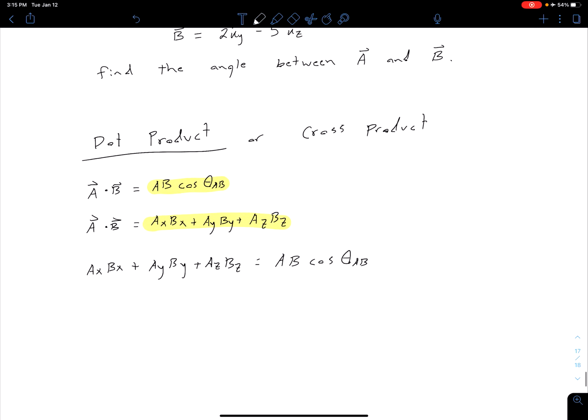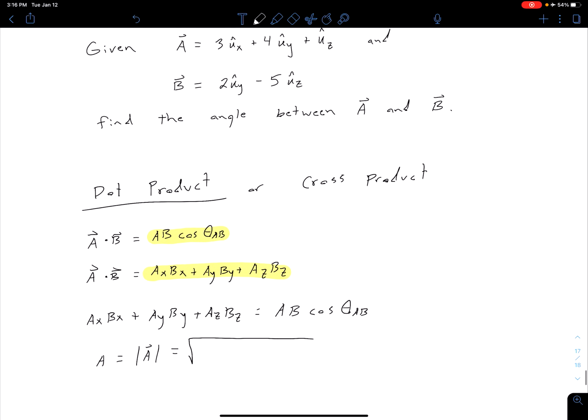So we can say A is equal to the magnitude of our vector A, which is equal to the square root of the sum of the squares. So for A, we have components 3, 4, and 1. So we're going to have the square root of 3 squared plus 4 squared plus 1 squared. And so that ends up being the square root of 26.